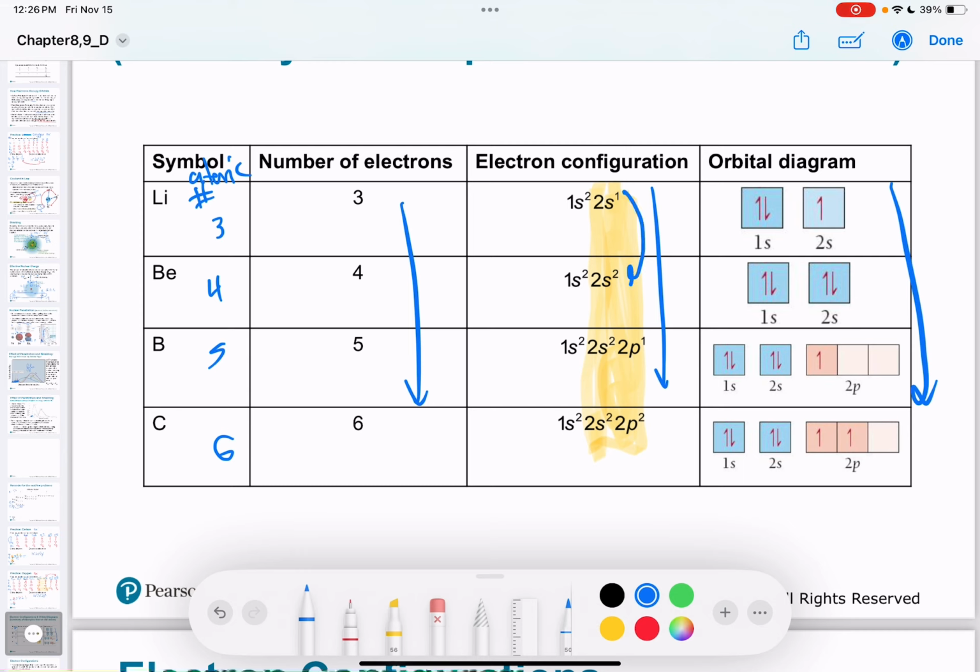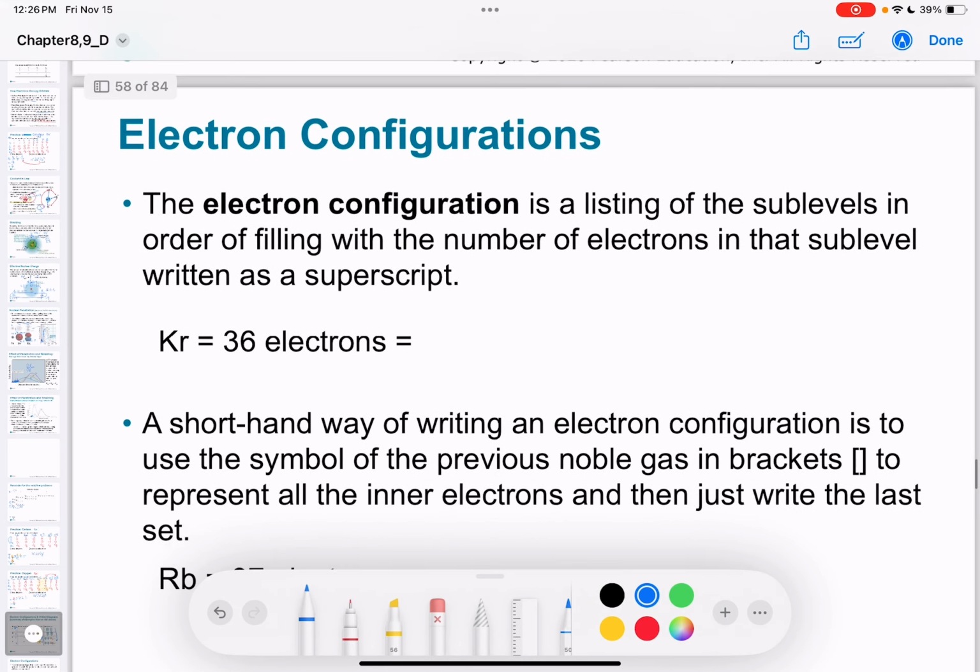So 2s1 becomes 2s2. We can only hold 2 electrons in the 2s, so when we add another electron, we go to the 2p now, so 2p1 and 2p2. Okay, so you're just increasing it by 1 every time.